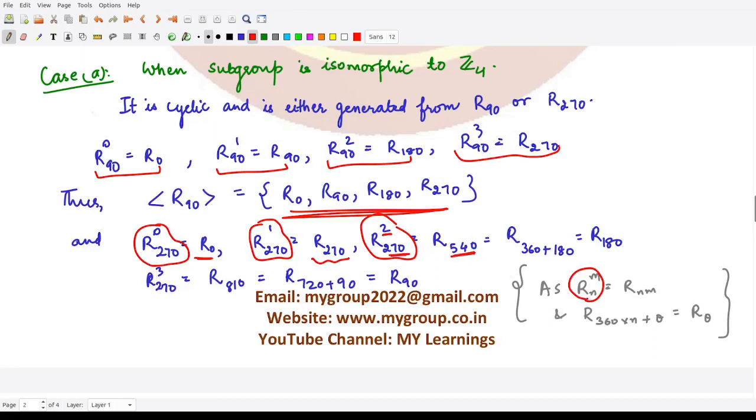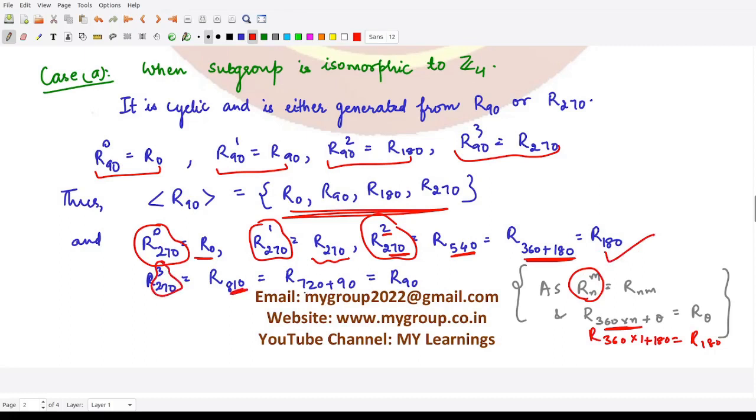Now we can break up 540 into 360 plus 180, right? So this is 360 into 1 plus 180, which gives just R180, right? This is what I have used here. And similarly 3 multiplied with 270 is 810.